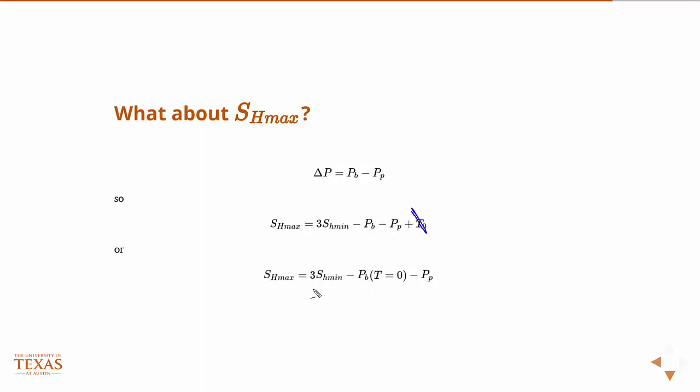And so you have this simplified equation. Then you need to measure or estimate the pore pressure, measure Shmin, and you can figure out SHmax. In theory, okay?